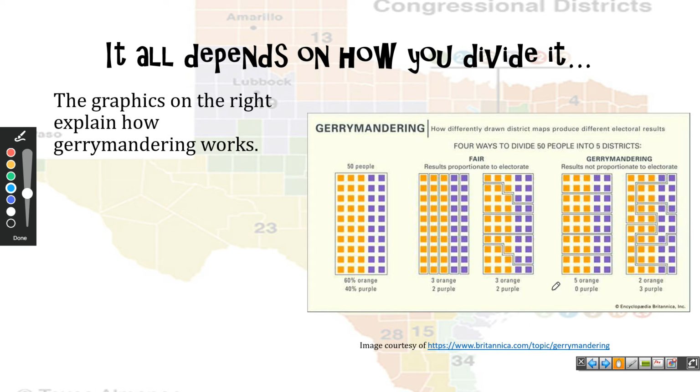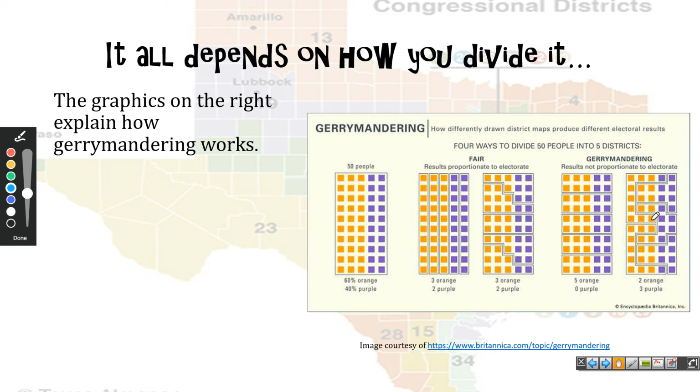What seems probably even more unfair is this category on the far right. Again, same state, 60% orange, 40% purple. But look how it's drawn up this time. In this district, this sort of C-shaped district, you have 9 oranges and 1 purple.